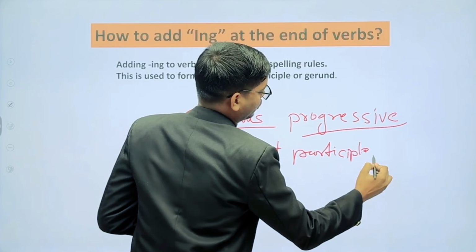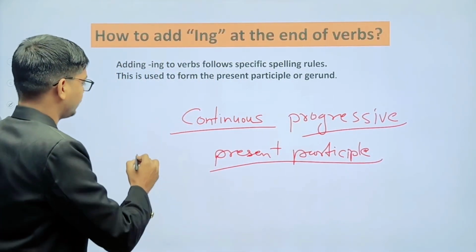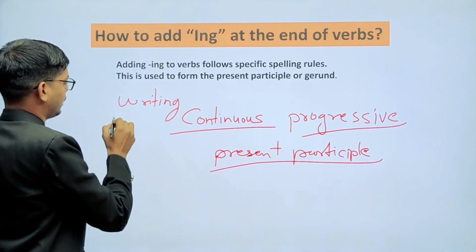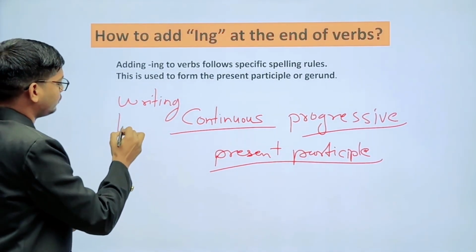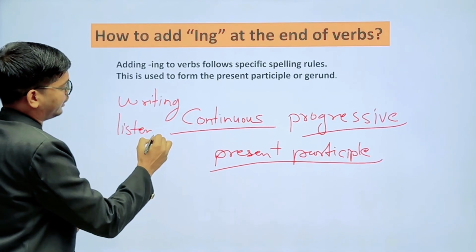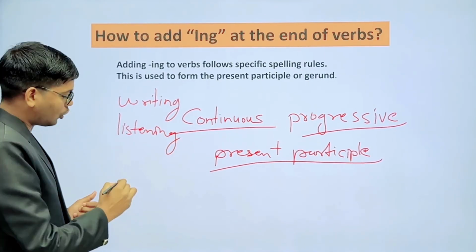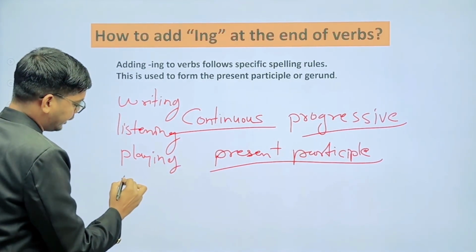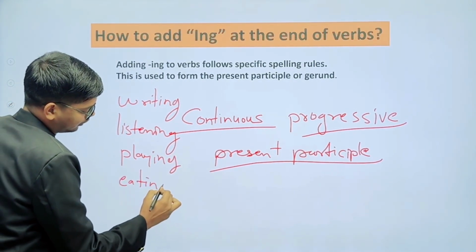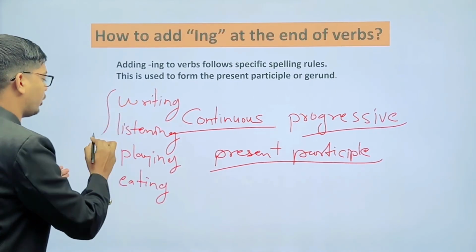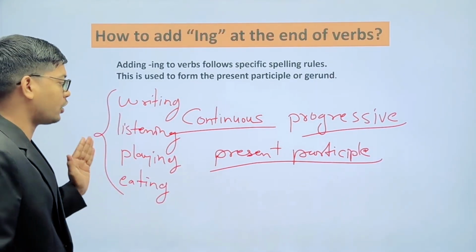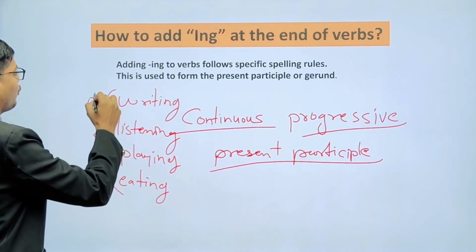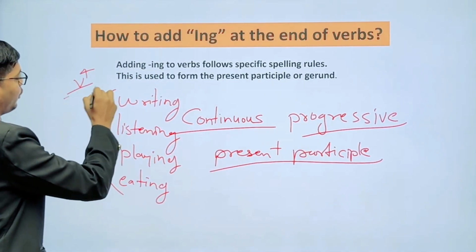For example, writing, listening, playing, eating. These are all present participle concepts, and you can also call it the fourth form of verbs.